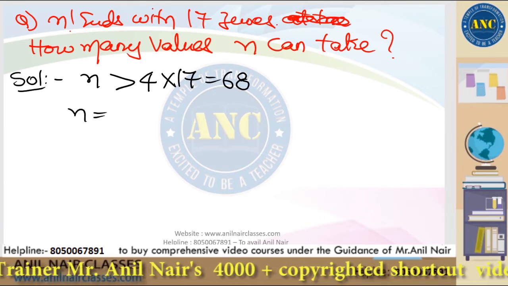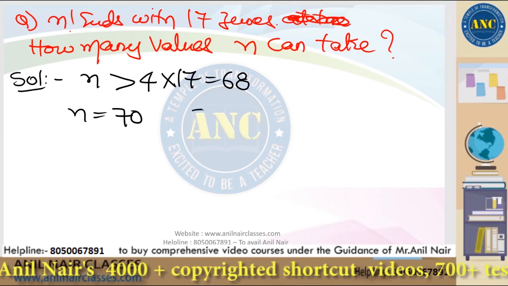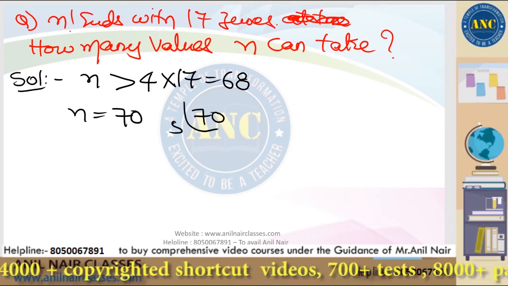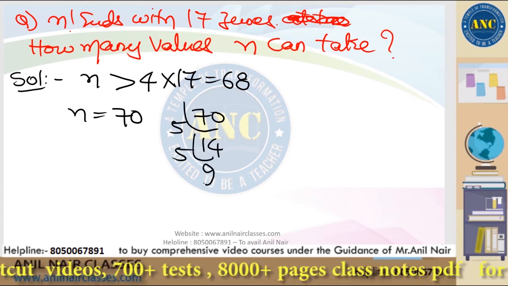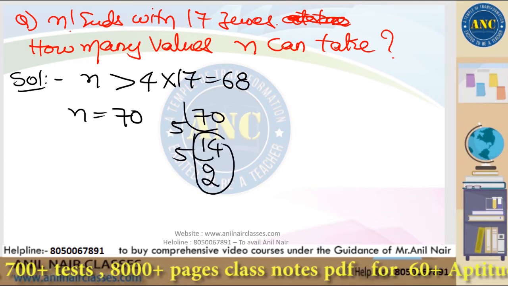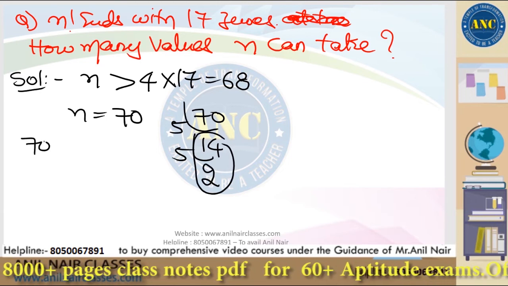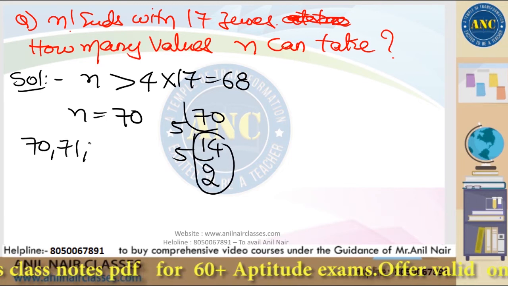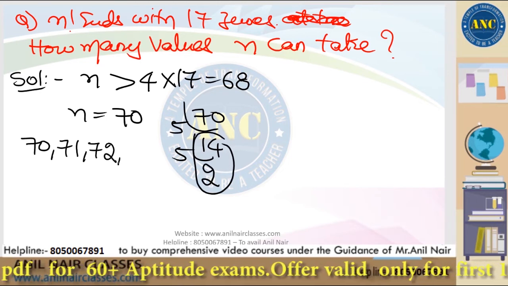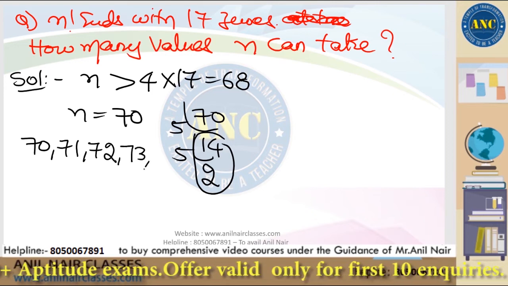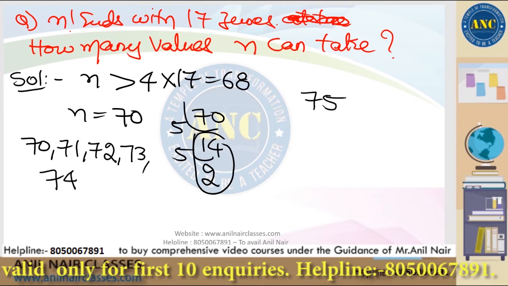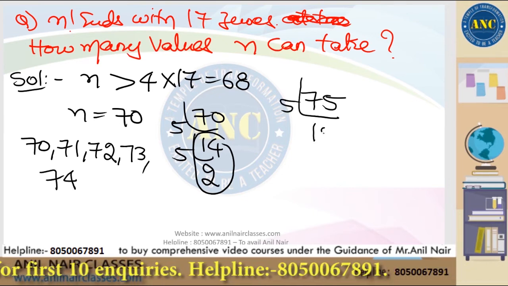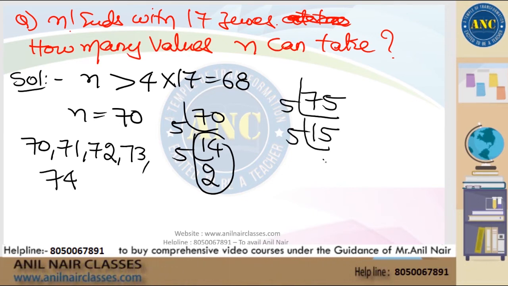What is the multiple of 5 greater than 68? 70. 70 divided by 5. 5 14s are 70, 5 2s are 10. So we got 16 for 70. 70 will be 16. 70, 71, 72, 73, 74. If I take 75, 5 15s, 5 3s are 15 plus 3, 18.